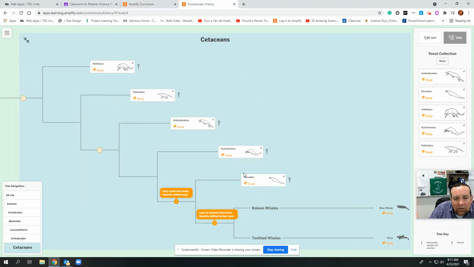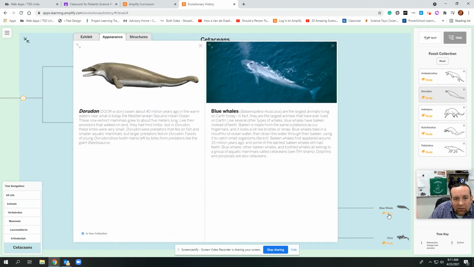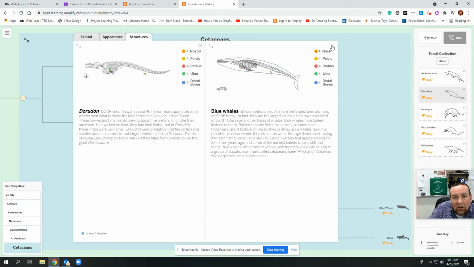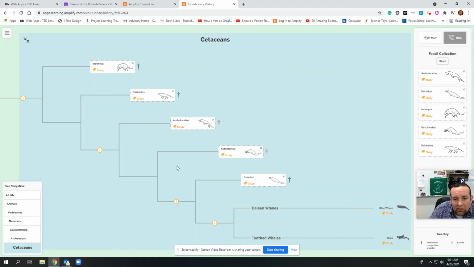Now we can go and look at our tree, and my thinking is telling me, as we study these creatures and as we look at their structures, and their relation within this tree, I would say the Durodon shares more common features with the whale than the Ambulocetus.